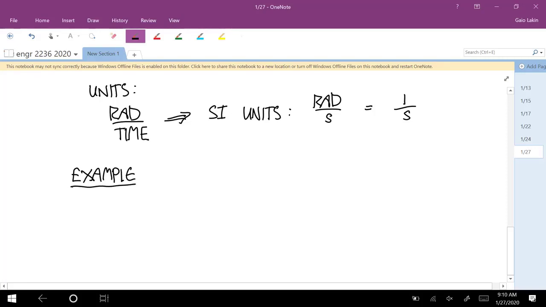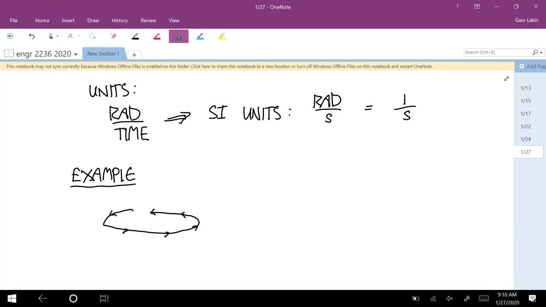So let's say we have an object moving in a circular path like this. And let's say that's in a coordinate system where the y-axis points that way, the x-axis points that way, and z is sort of out towards us.